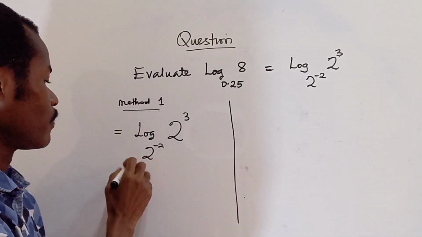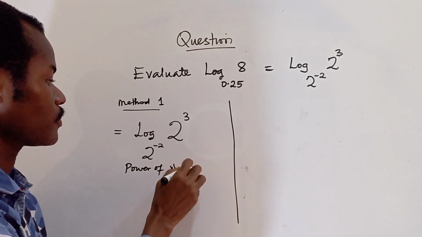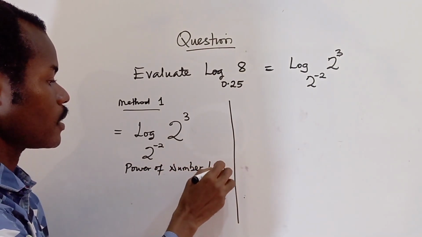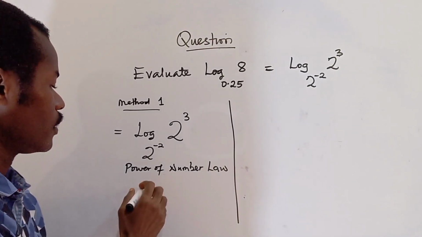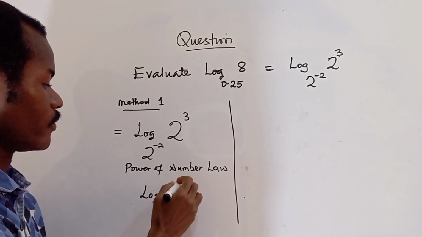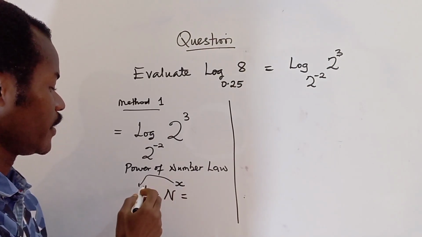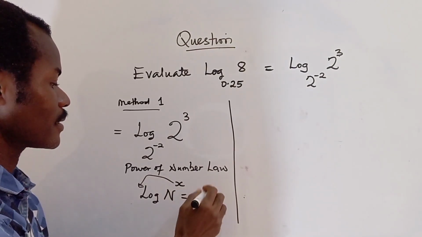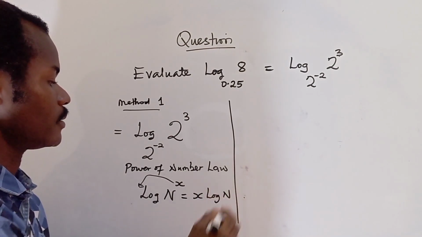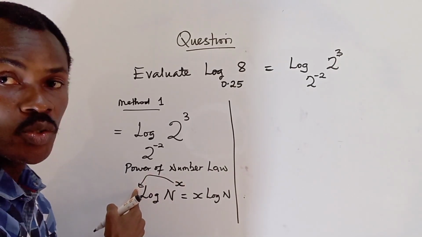We can apply what we call the power of number law. Now, what do I mean by the power of number law? If I have log n to the power of x, it means we can write this as x log n. So the power of this number x can come here as a coefficient.